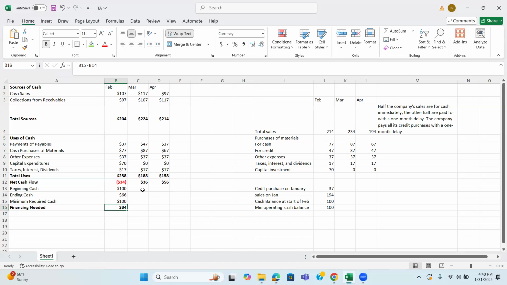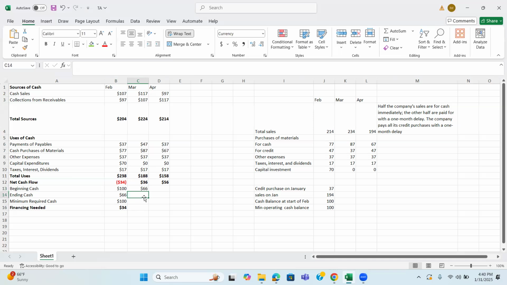All right. What about the month of March? So your beginning cash should be, the ending cash of the month is the beginning cash for the next month, right? So your ending cash for the month of February is 66. It should be the beginning cash for the month of March. So we are putting 66 here.